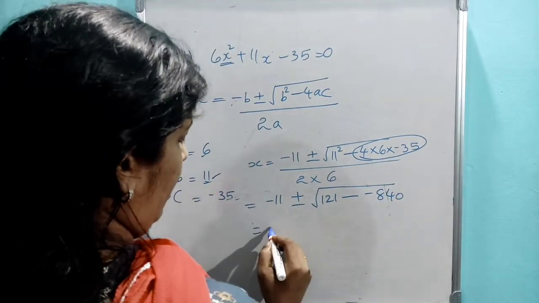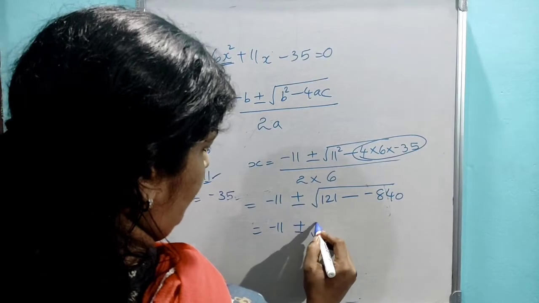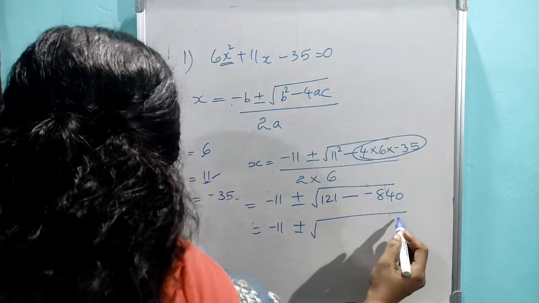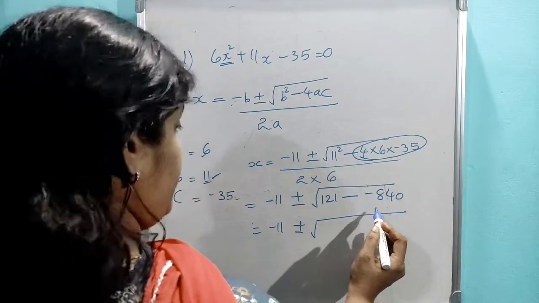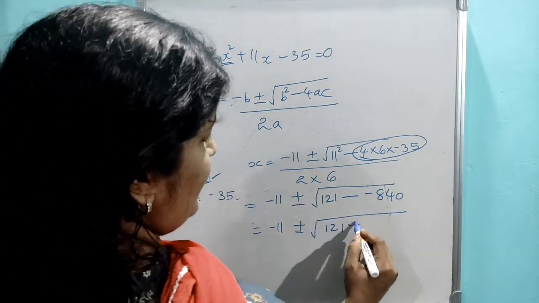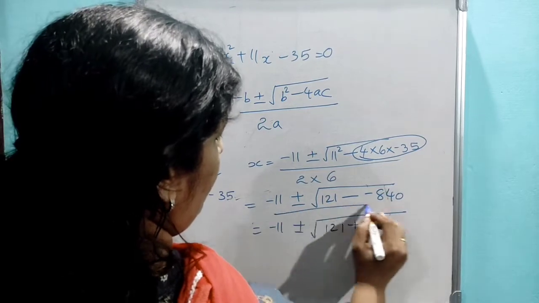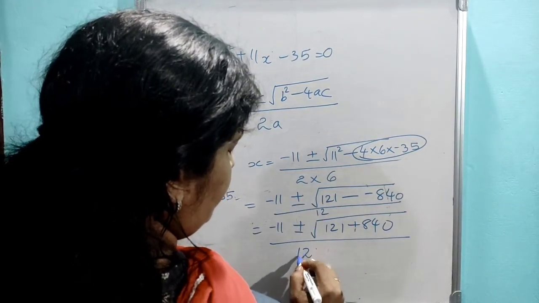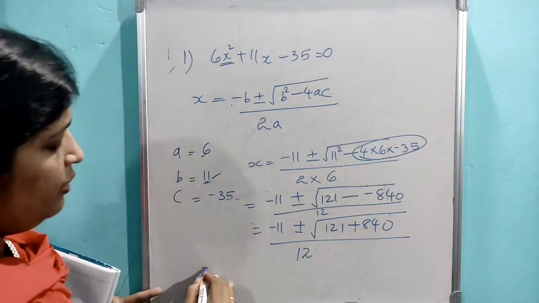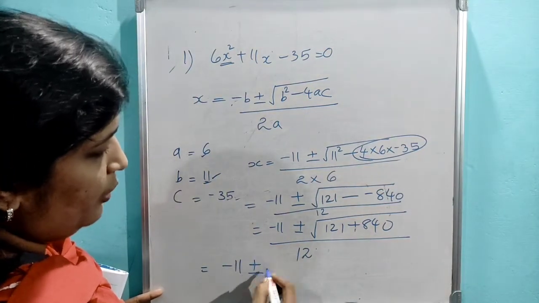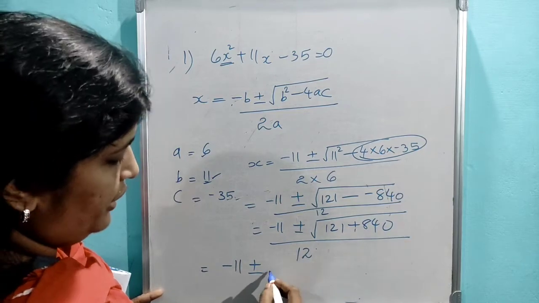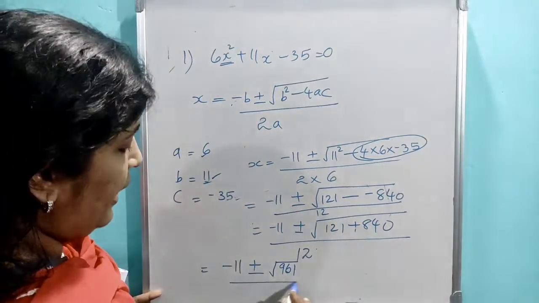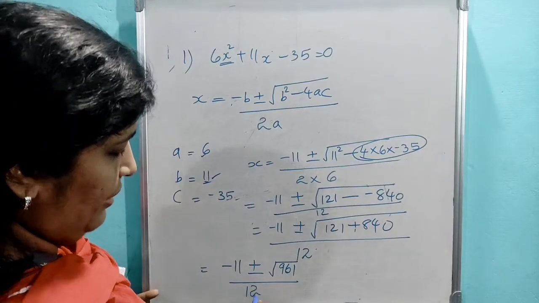So here we have minus 11 plus or minus root of 121 minus minus 840, that is 121 plus 840. And 2 into 6 is equal to 12. So we have minus 11 plus or minus root of 961, divided by 12.